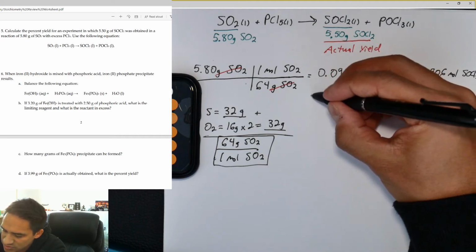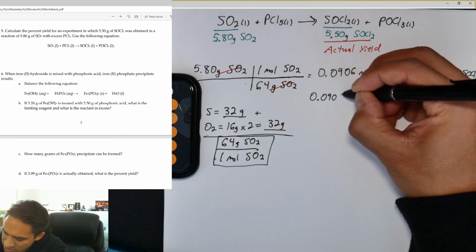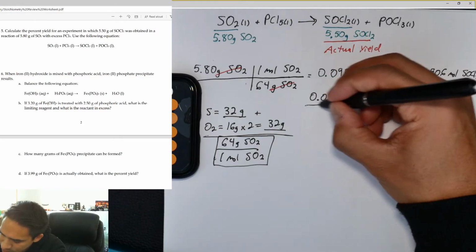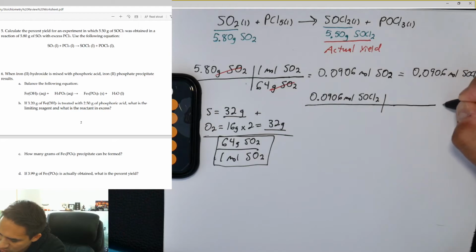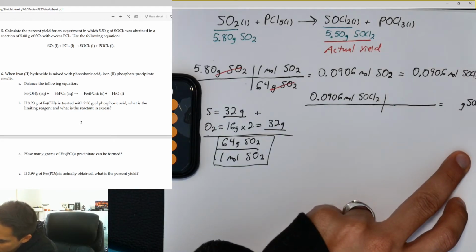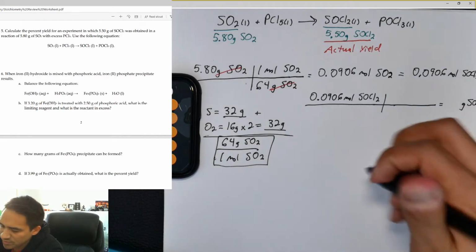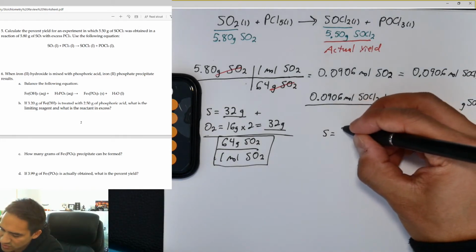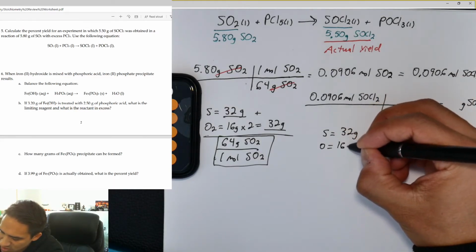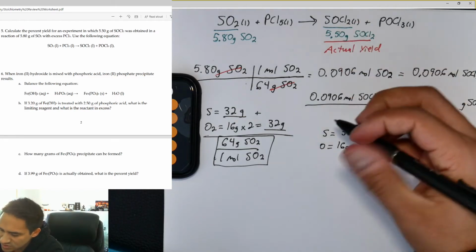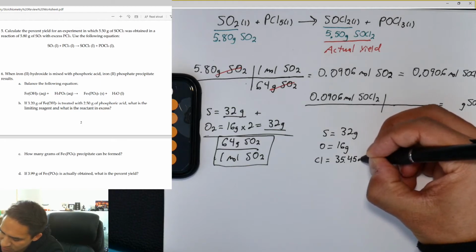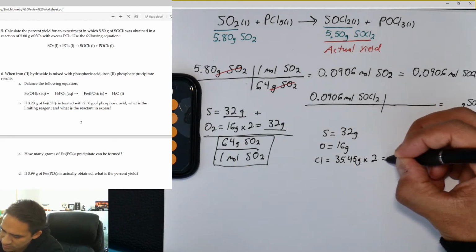So next part here is 0.0906 moles of SOCl2. We're going to convert this into grams of SOCl2. We will need to know molar mass to do that. So sulfur is 32 grams. 1 oxygen, that's 16 grams. Then we have 2 chlorines, and chlorine is 35.45 grams, and we're going to times that by 2, because there are 2 of them.